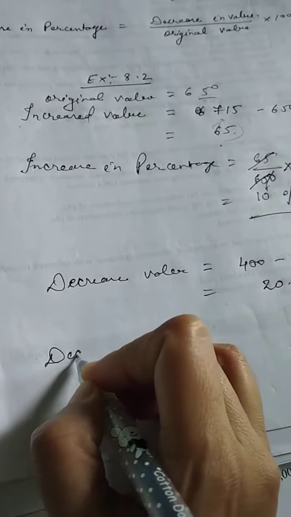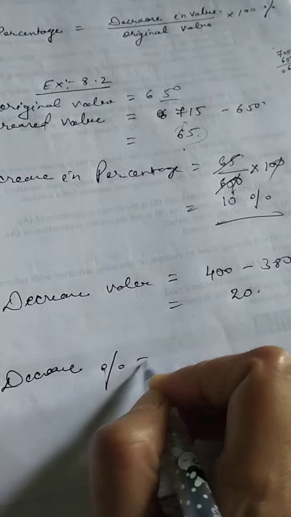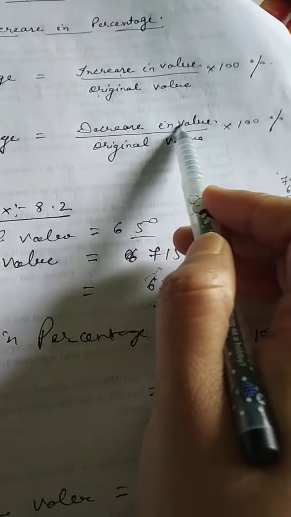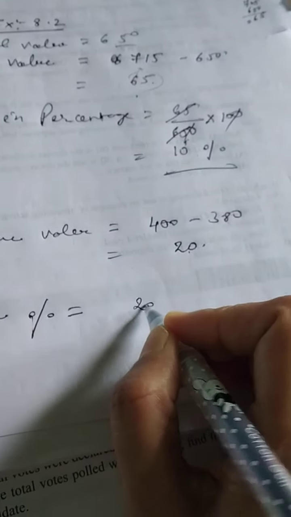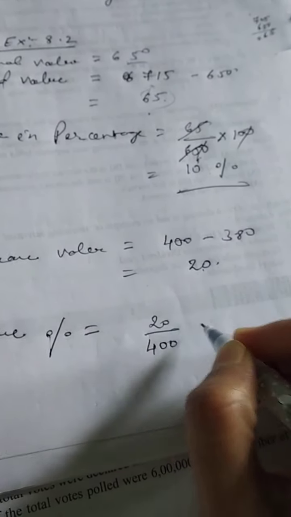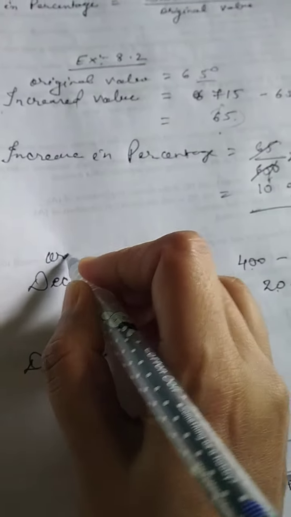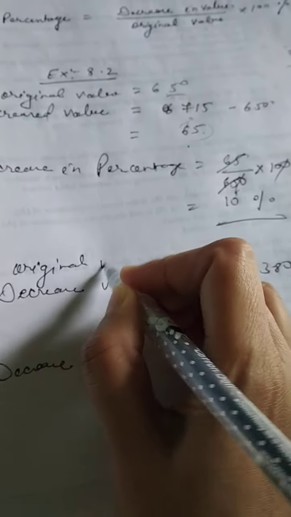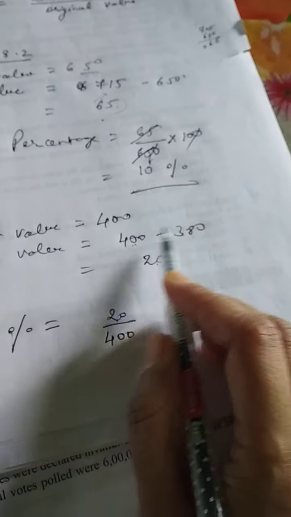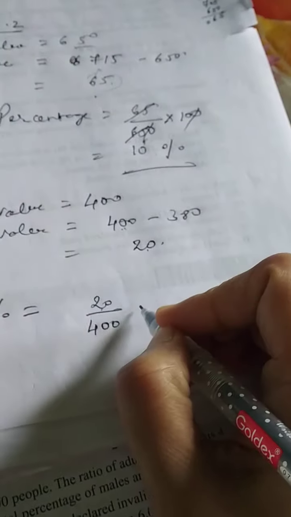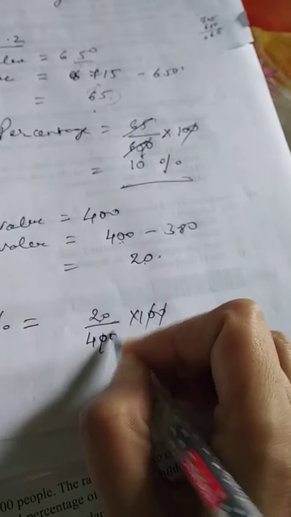Now you have to find the decrease percentage. Decrease percentage is equal to decrease in value divided by original value. Original value is equal to 400 and decrease in value is 400 minus 380. Now multiply by 100.